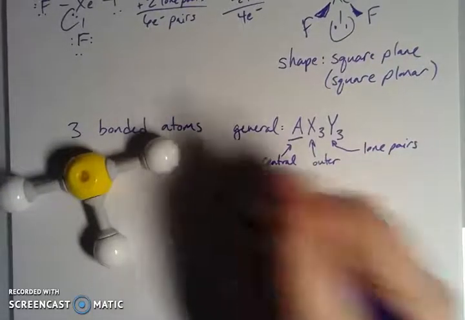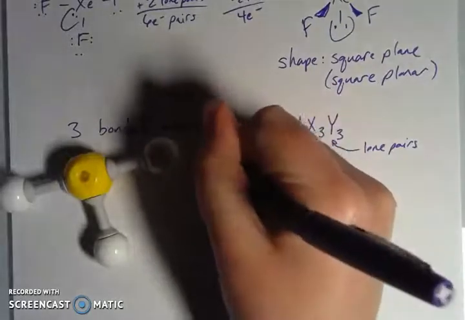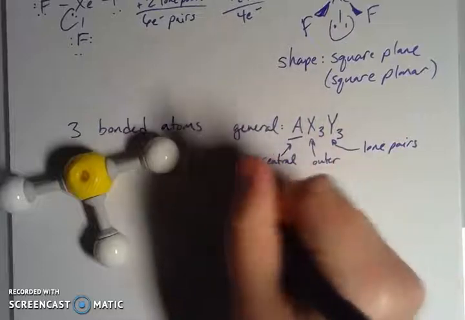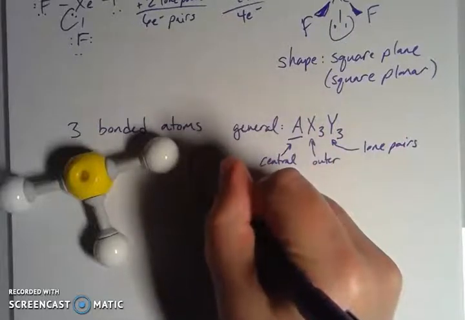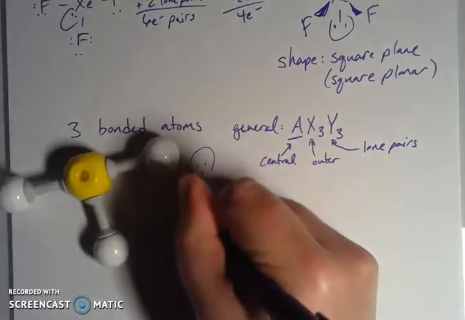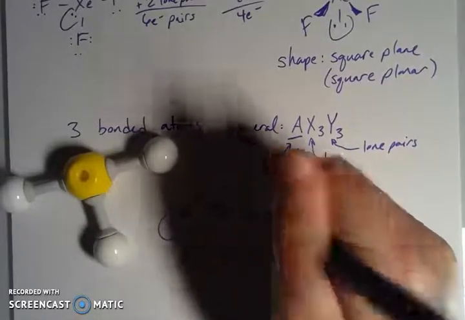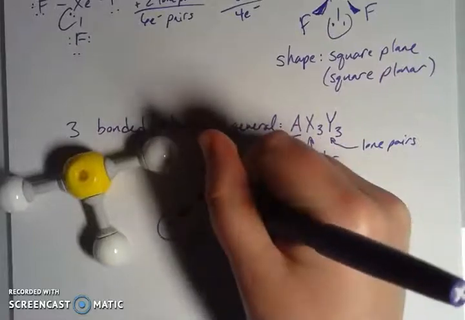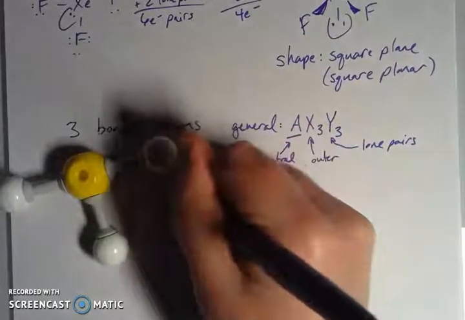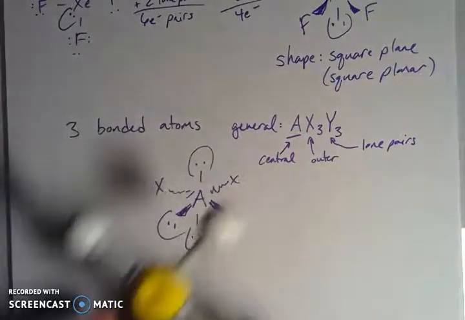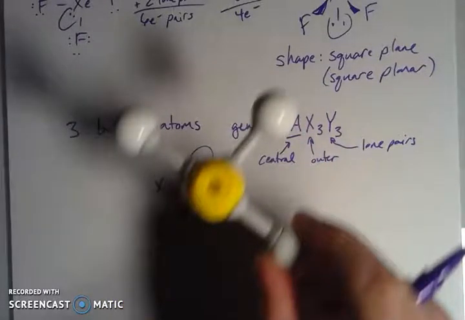So structurally, I would draw it like this. I'm going to put my lone pairs top and bottom, and then maybe a lone pair here. And I'll have this guy coming out. Whatever this guy is, it's an X, X, X. And so the way that I've drawn this is actually like this, for kind of looking at it in the plane.